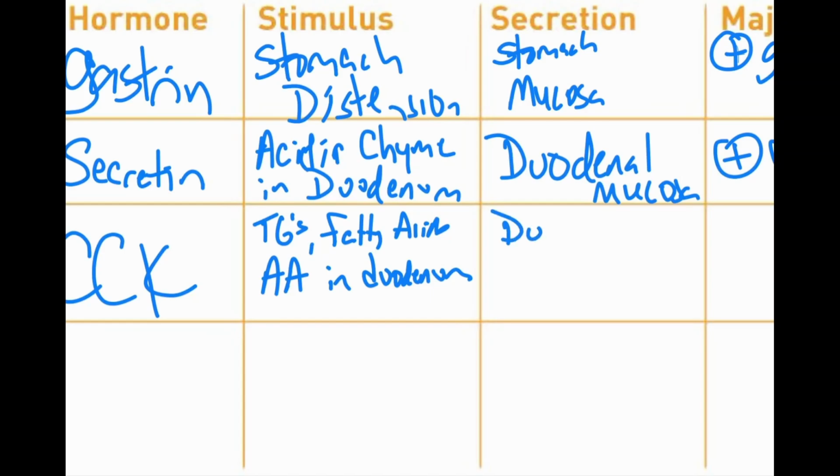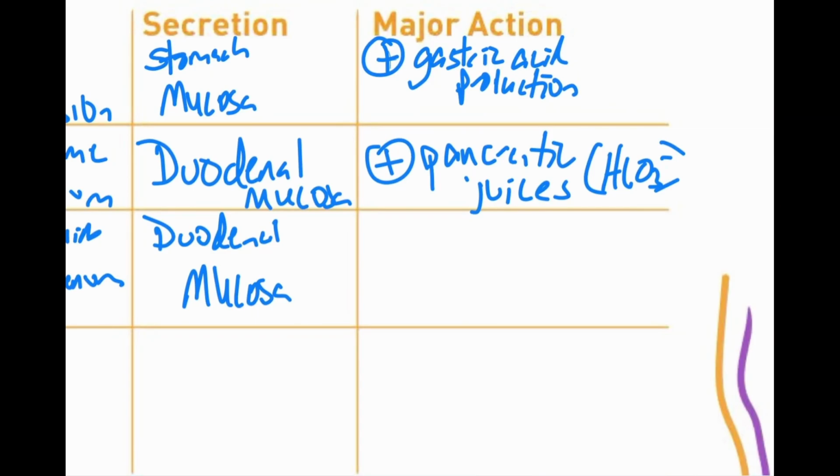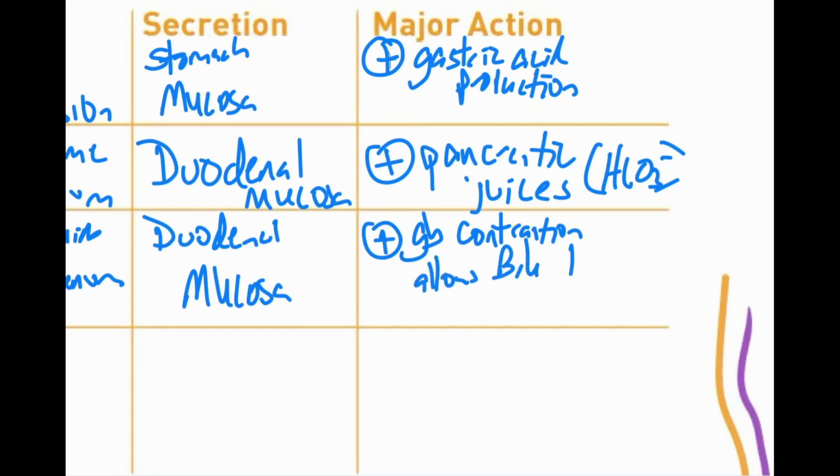Secretion, duodenal mucosa again, and the stimulation positive gallbladder contraction, which allows bile to flow.